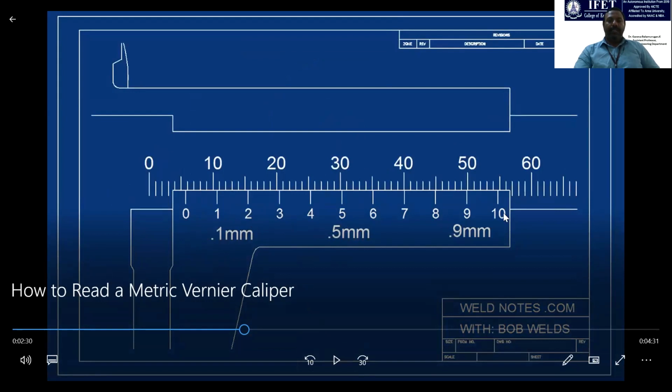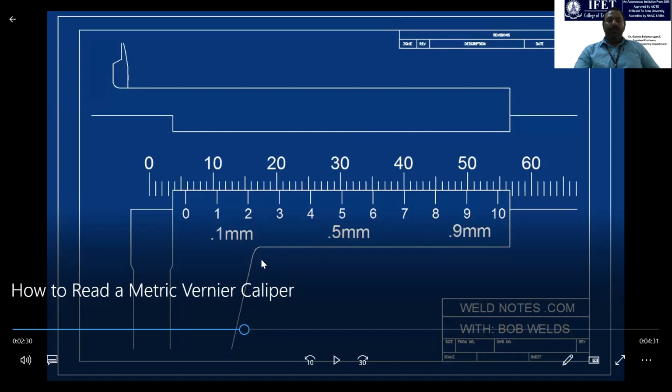So in total 10 graduations are present in the vernier scale, and each graduation is considered as one tenth. So this is 1 means 0.1, and 2 means 0.2, 3 means 0.3, 0.4, 0.5, 0.6, 0.7, 0.8, 0.9, and 1.0.